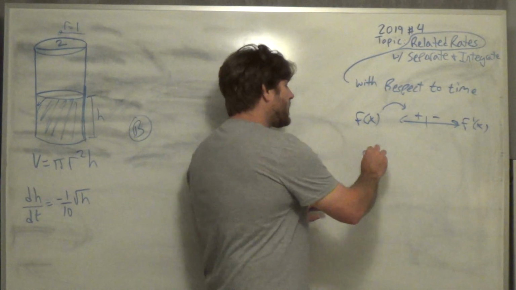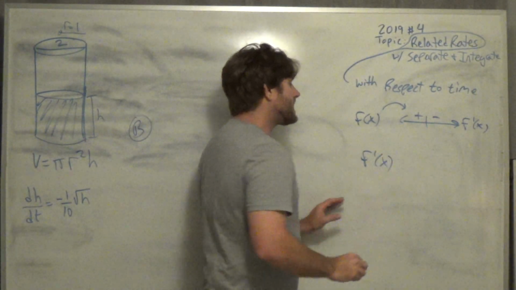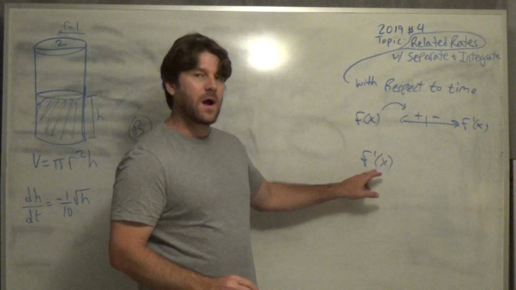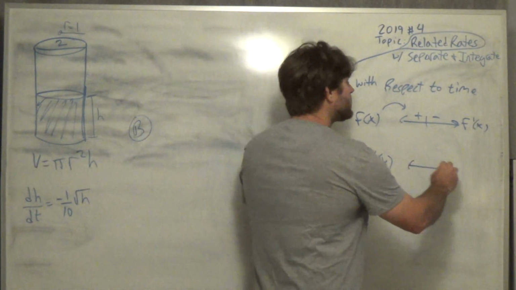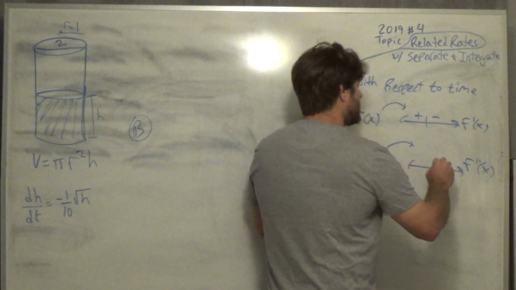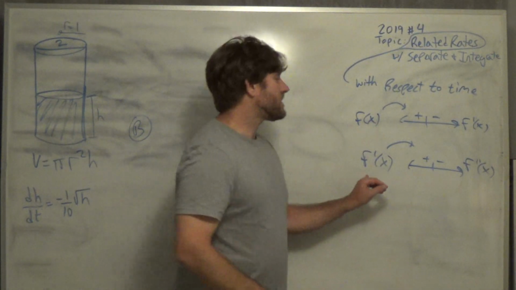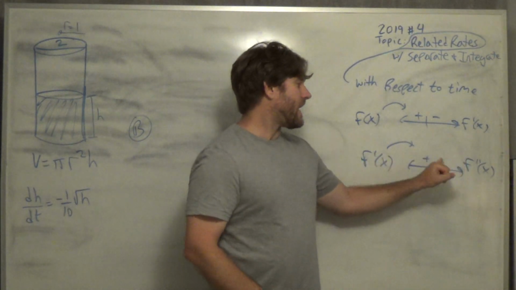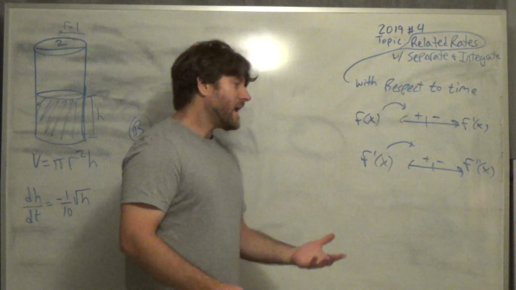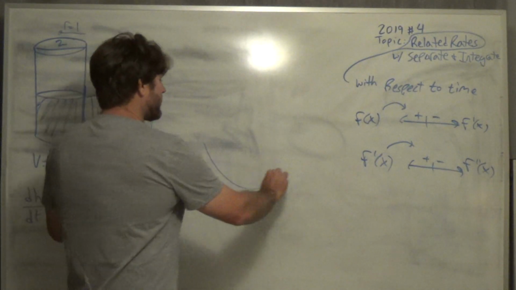Well, what if somebody gave you f prime x and they said, when is f prime x increasing or decreasing? Well, to find out, you would look at its derivative, f double prime x. And the idea is that when something's derivative is positive, it's increasing, and when something's derivative is negative, it's decreasing. And it's basically, just look at the graph. Look at this graph here.